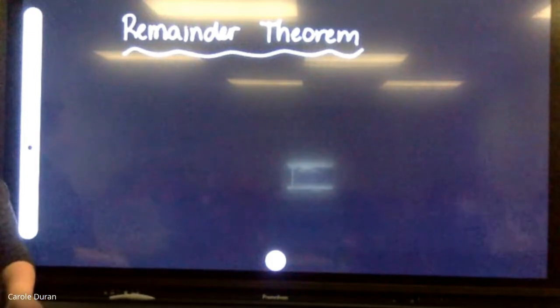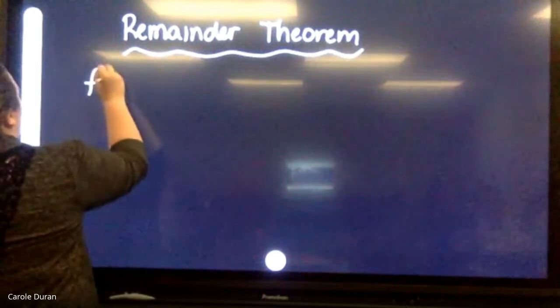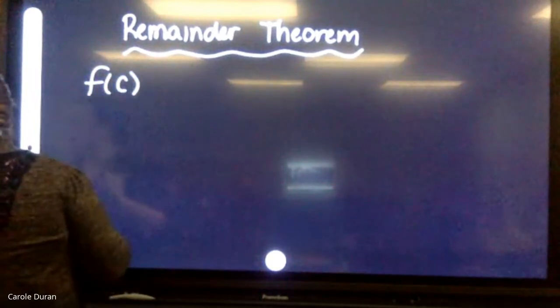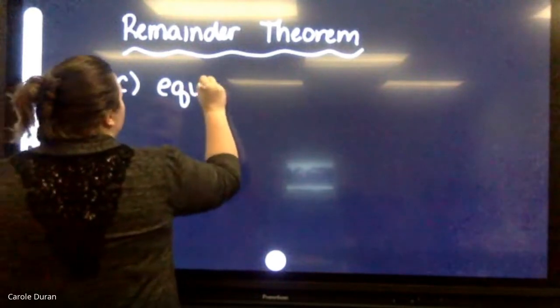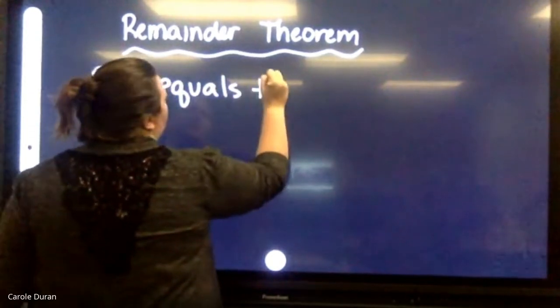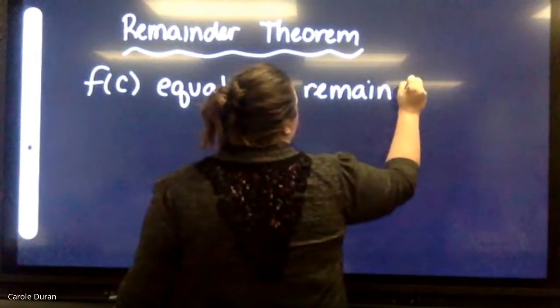You're good? Okay. So remainder theorem says if I have some polynomial function solved at some x value c, this is equal to the remainder we would get from dividing out x minus c.